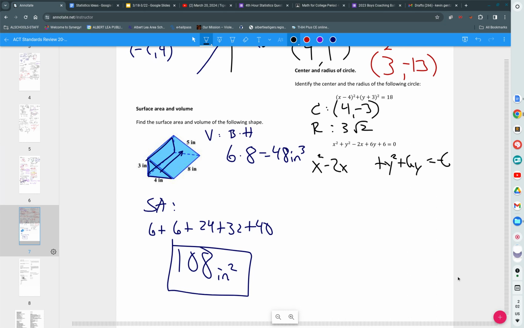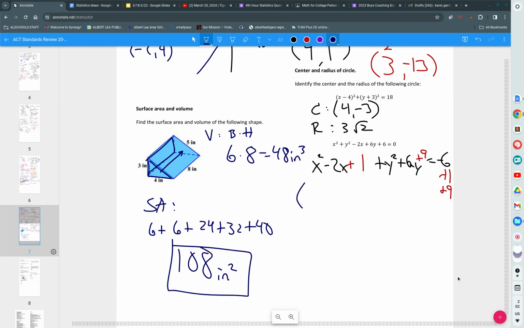No. I separate into these variables. What do I add here to complete the square? 1. What do I add here to complete the square? 9.